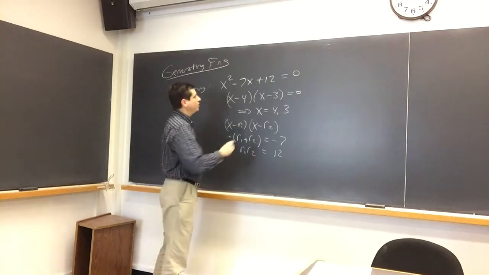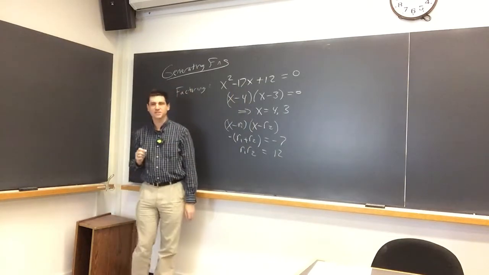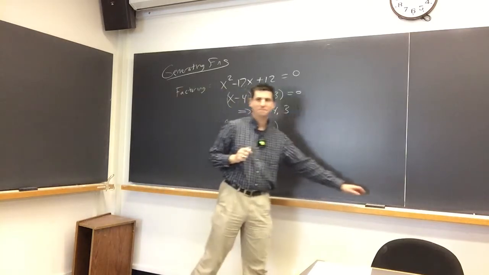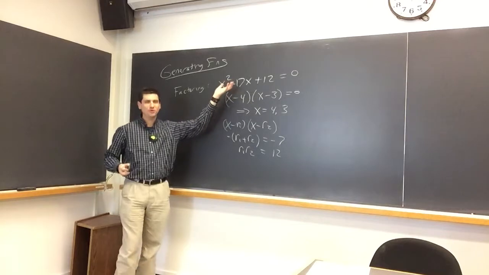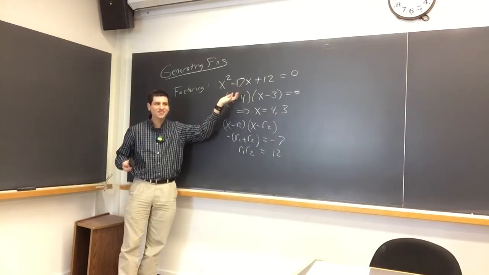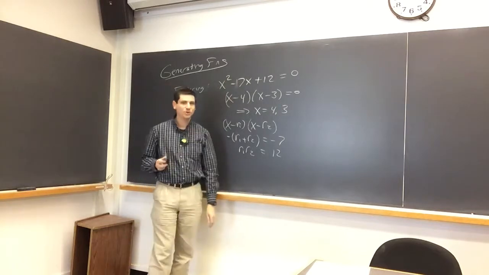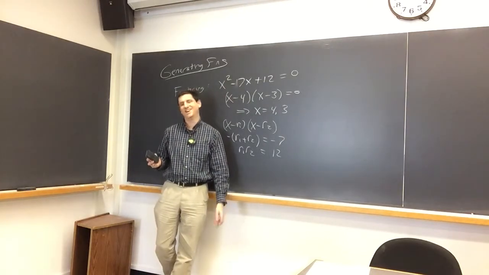All right, what if I were to tweak it and write it as x squared minus 17x? What would you do now? Now you'd use the quadratic formula. Why didn't you use the quadratic formula initially? It always works. When I gave you this, no one went to the quadratic formula. Why not?